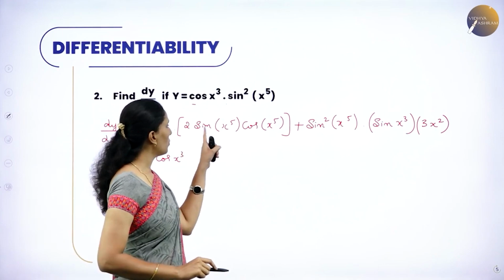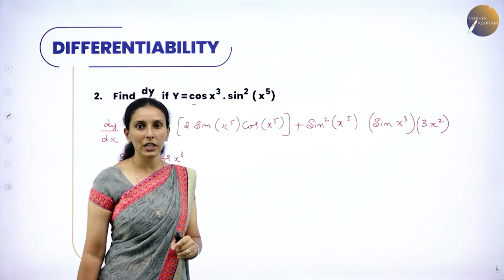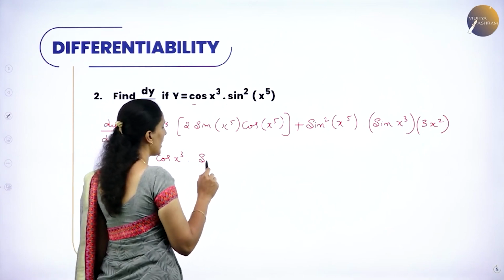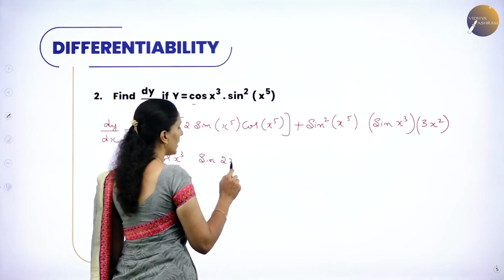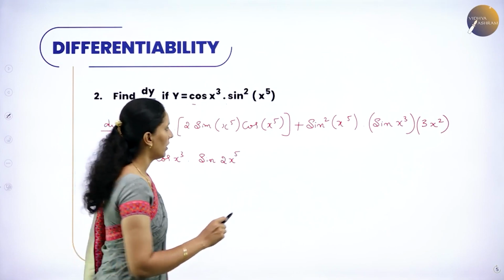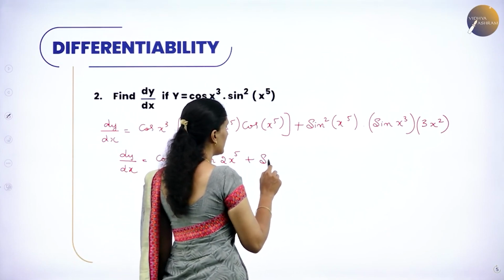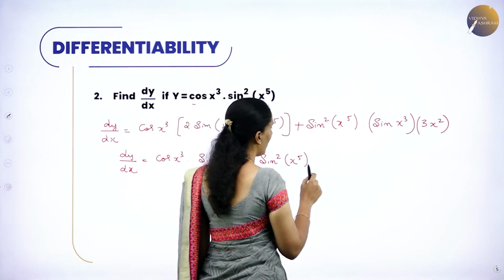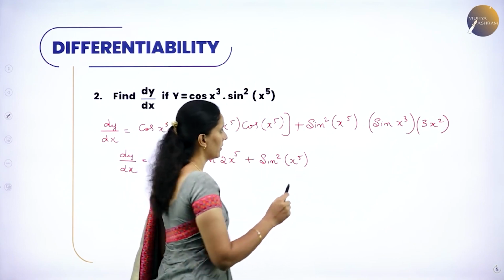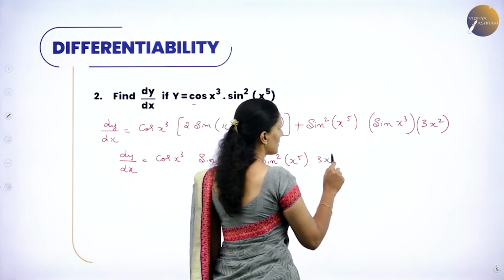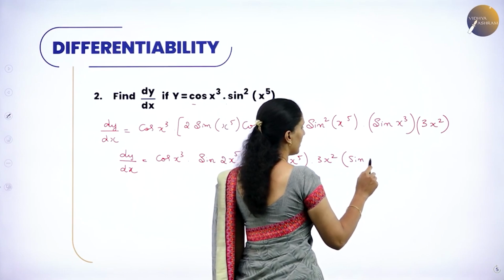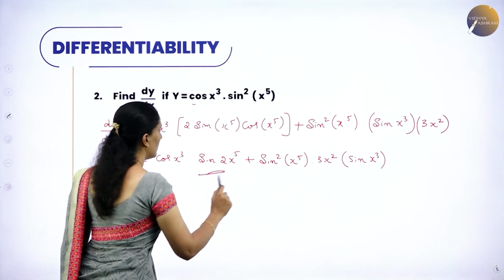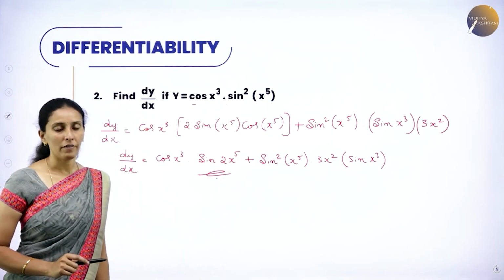This is in the form of 2 sin theta cos theta, which can be written as sin 2 theta. So that is why this can be written as sin 2 into x to the power 5 plus sin square x to the power 5, and here we have 3x square into 3x square sine x cube. So thus this is the derivative of the given function.